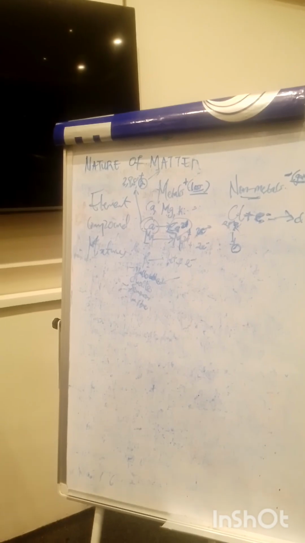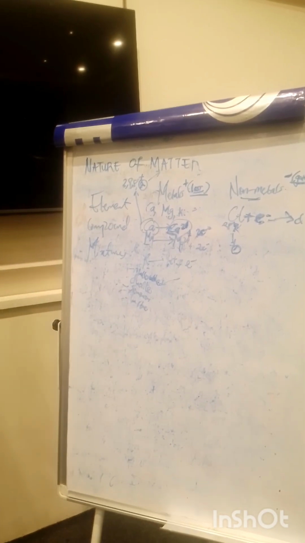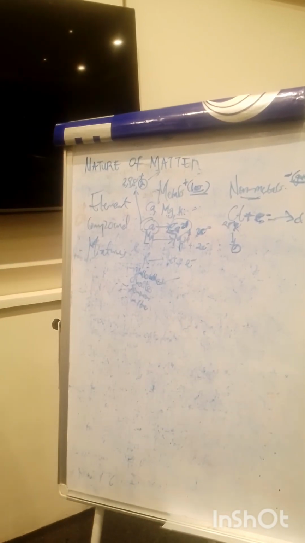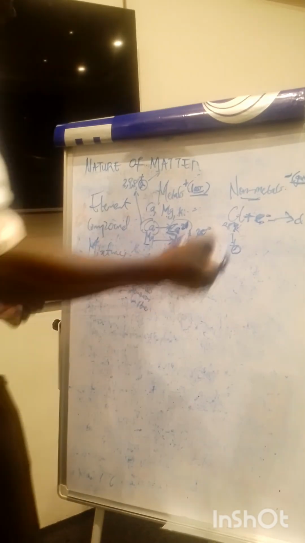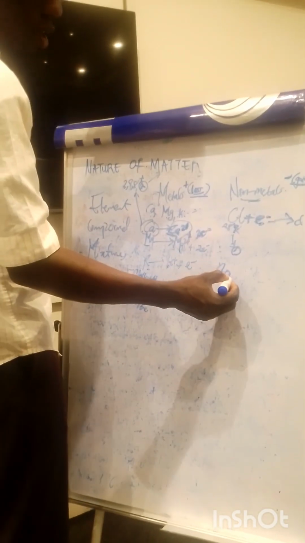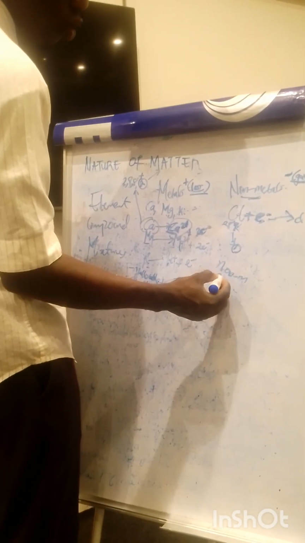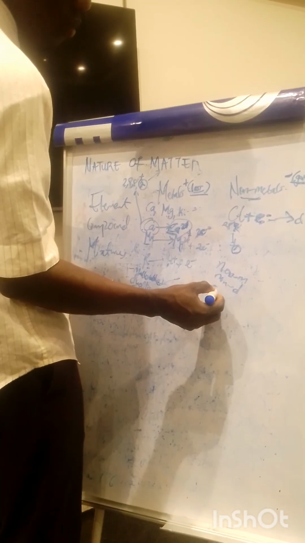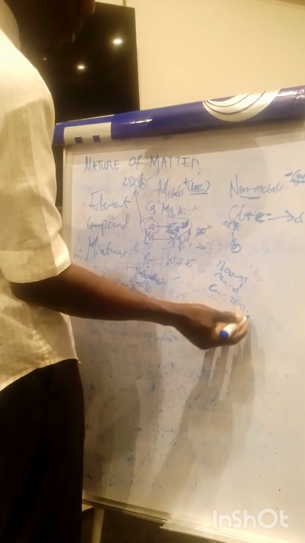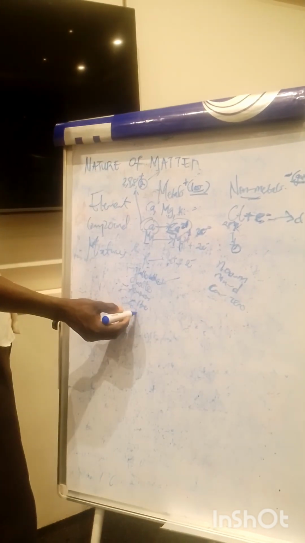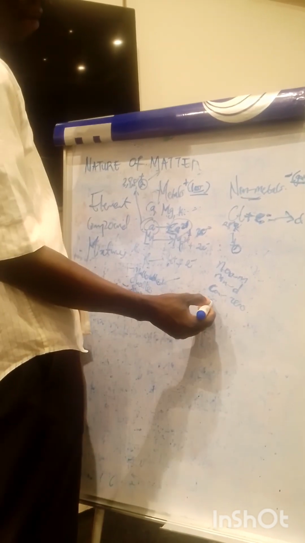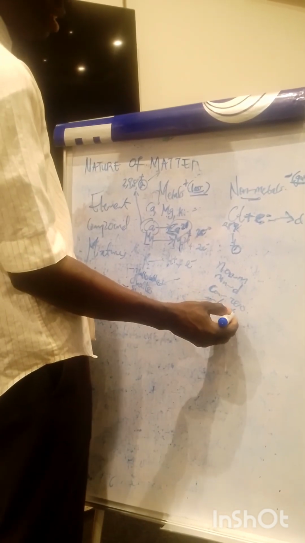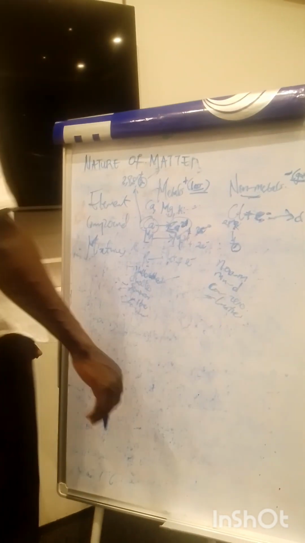Then sonorous, then your luster and all of that. Now let's check non-metals. Non-metals are non-malleable. They are non-ductile. They don't conduct; their conductivity is 0. Are you with me? But metals conduct well. Non-metals lack metallic luster.